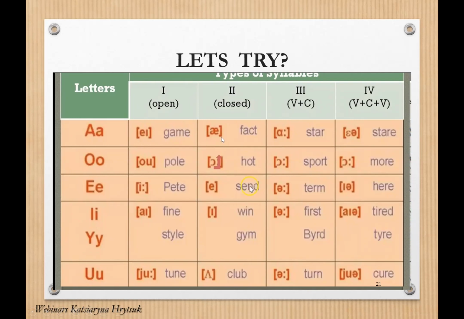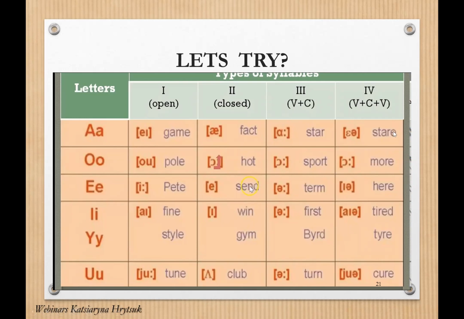Fact, that is A. Okay, then our letter R, remember this syllable, it changes everything: vowel plus consonant, star. And when we have vowel plus consonant plus vowel, okay, we read air, stare. So that is the difference.